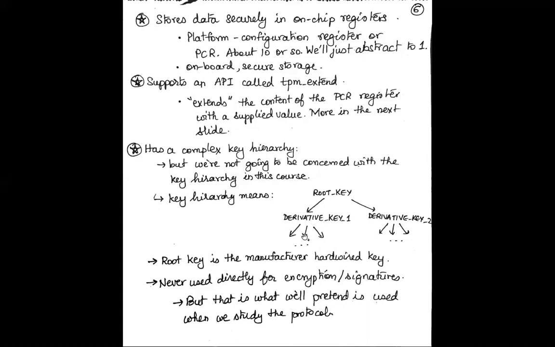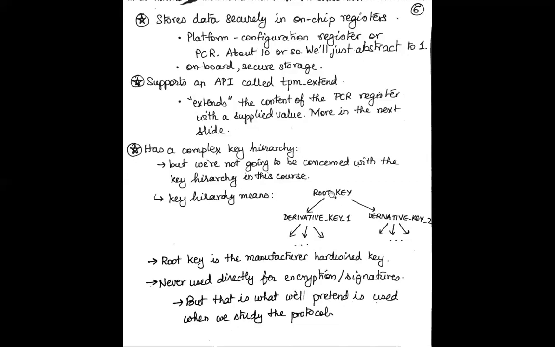These derivative keys can give rise to further keys and so on. So you generate this key based on this key. Maybe you hash this with some preset value and you get one key. You hash this with another preset value and you get this and so on. So you get a number of derivative keys, and it is these keys that are used for all crypto operations, never the root key.